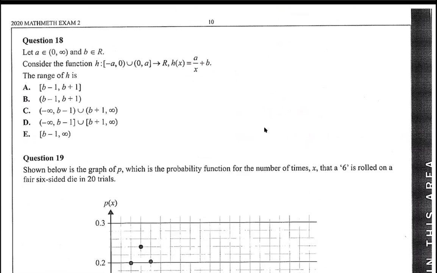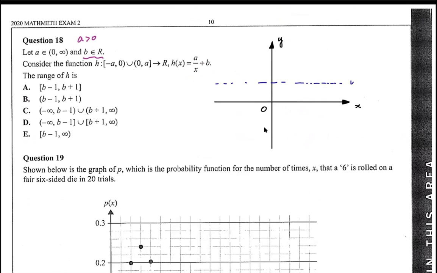Question 18. A is greater than 0. B is any possible real number. Okay, let's just draw a diagram. X and Y. Doesn't matter where I put Y equals B as the horizontal asymptote because it's just a vertical shift.